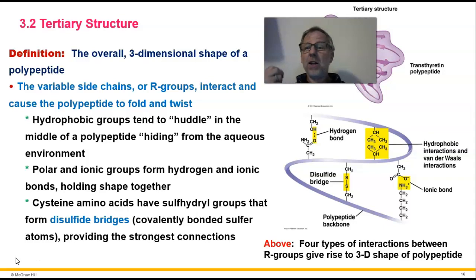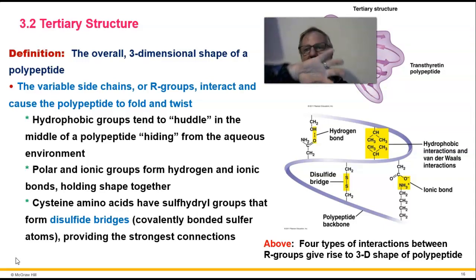You can see I've put little asterisks here marking some of the interactions that occur between remainder groups. For example, remainder groups that are nonpolar and hydrophobic, consisting of carbons and hydrogens, tend to huddle in the middle of a protein, hiding from the water that surrounds the protein in our cellular environment. Polar remainder groups form hydrogen bonds. Check out the figure I'm showing you here. There's a little remainder group sticking down, with a CH2 and an O, and a remainder group sticking up from another part of the polypeptide, and they are attracted to each other with a hydrogen bond.